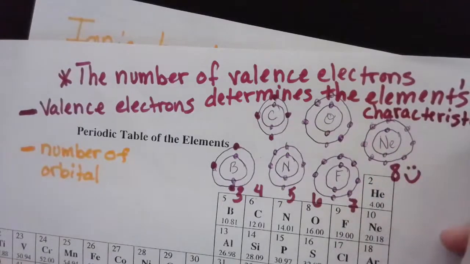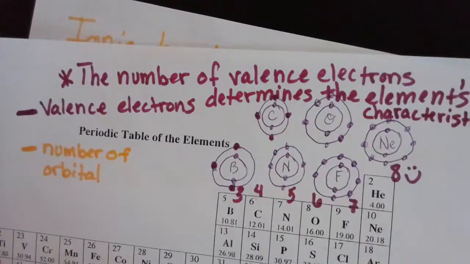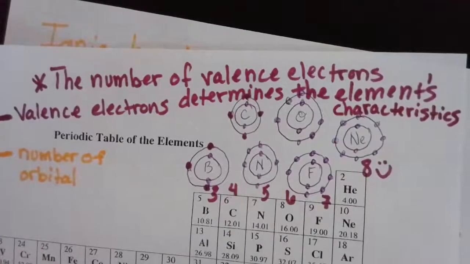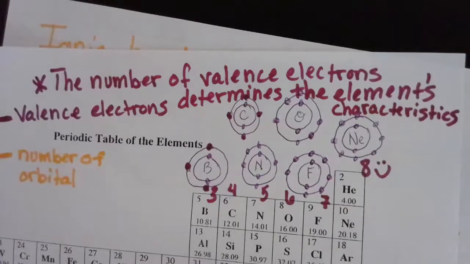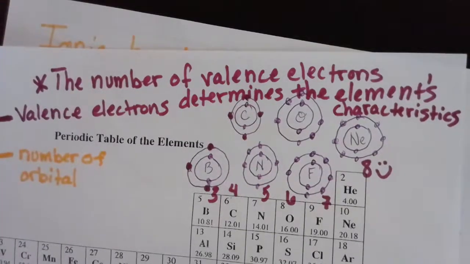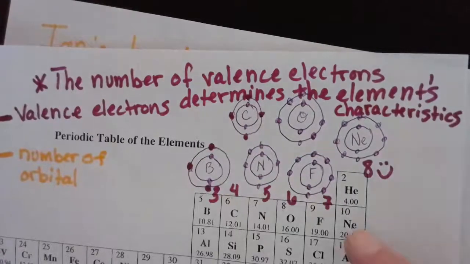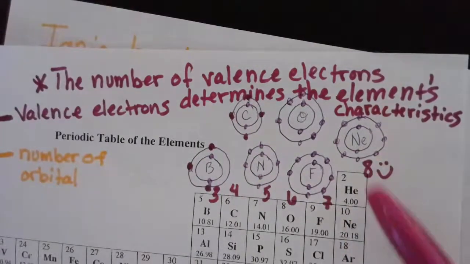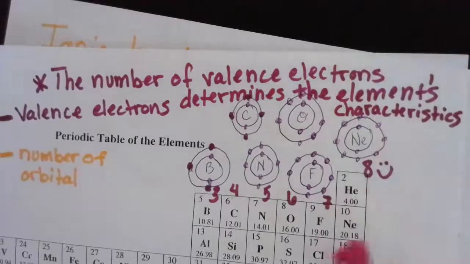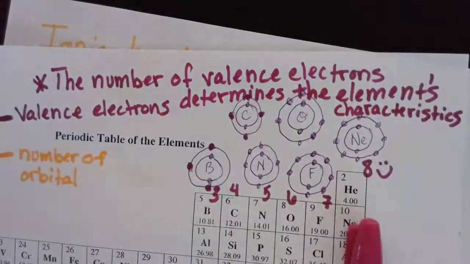It determines how reactive that element is. Will it react quickly? Will it not react quickly? These all have 8 valence electrons, so they will not react. That's why they're called the noble gases.